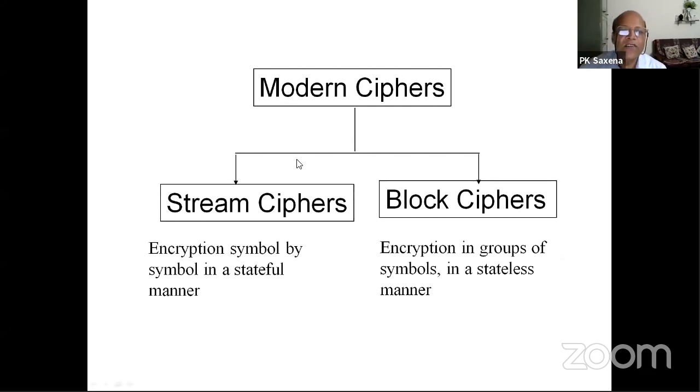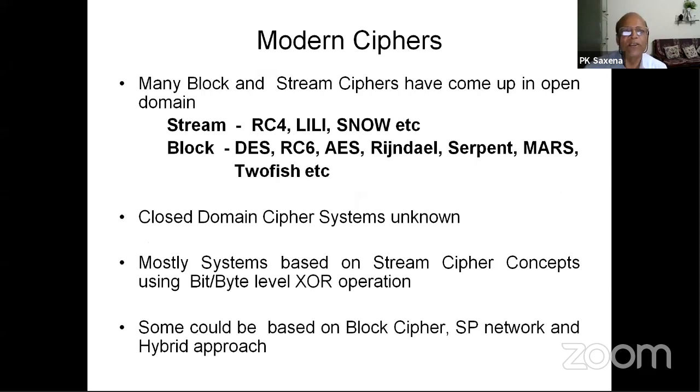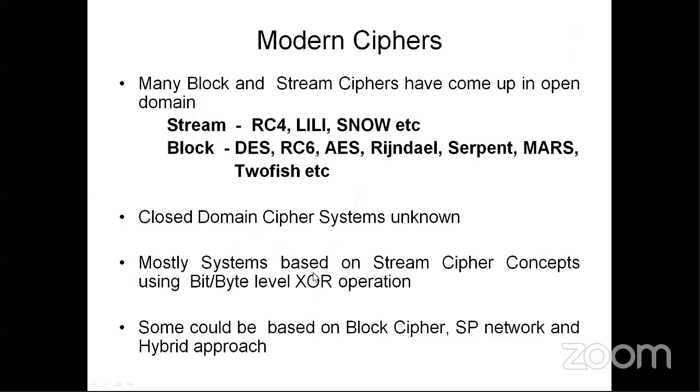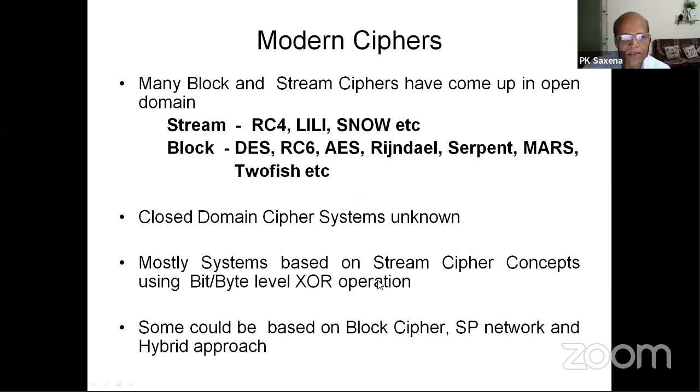Another classification we do these days, we call it modern ciphers, like stream ciphers and block ciphers. So these are different ways of classification, just to understand the terminology. There are some examples of these modern ciphers, stream ciphers, block ciphers, and these days mostly the systems are based on stream ciphers and block ciphers, some SP networks and all.